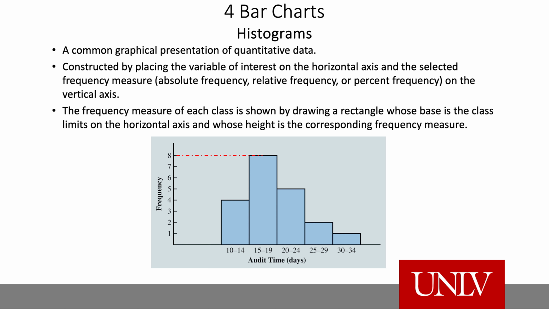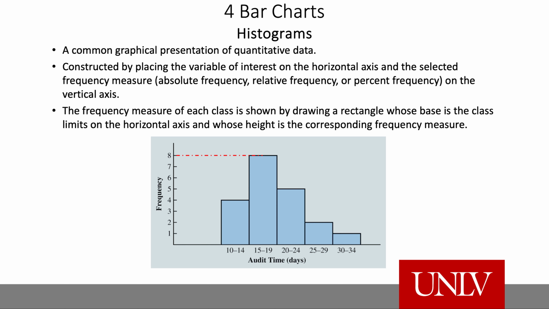The width of the rectangle covers the class limits, and the height represents the frequency measure. When we put all the rectangles together, the histogram gives us a clear picture of the data's distribution. This makes it easy to spot important features like symmetry, skewness, or even outliers.